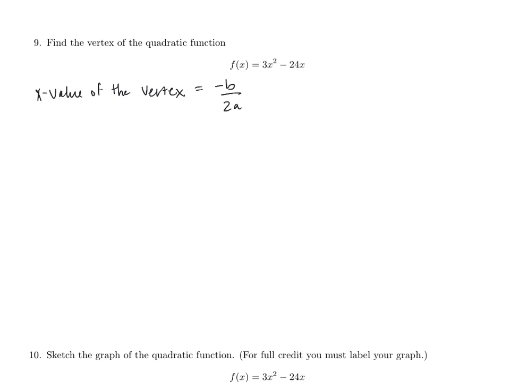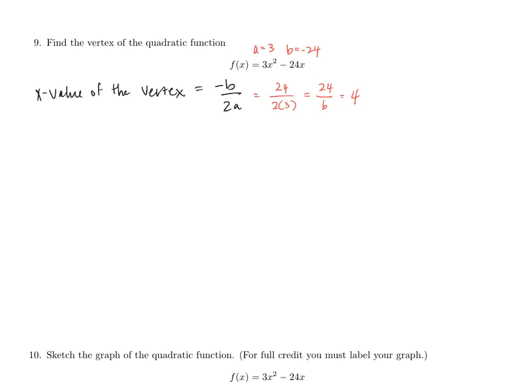So in this example, a is 3 and b is -24. So if I plug that in, I'm going to get -b, well, it's already negative, so that will be a positive 24, over 2 times 3, so 24 divided by 6, which is 4. So 4 is the x value of the vertex.